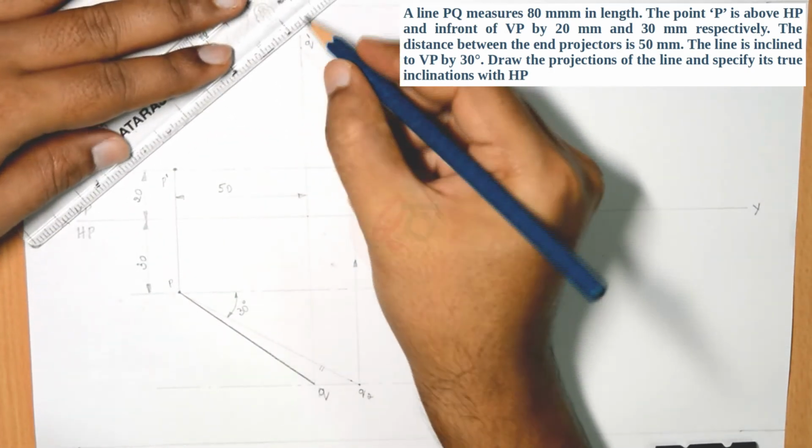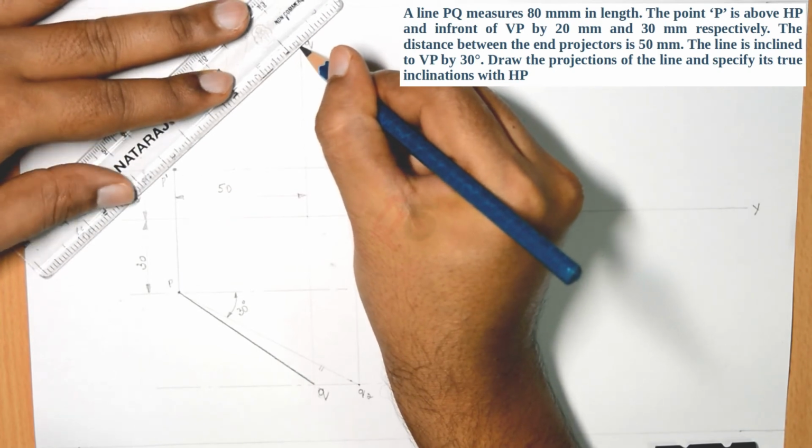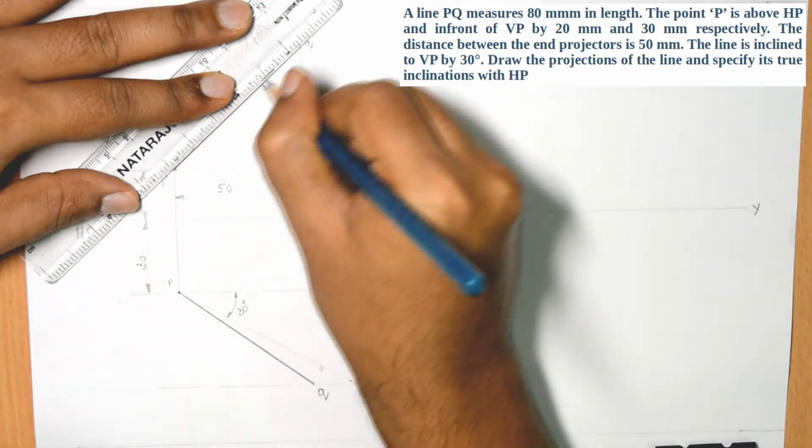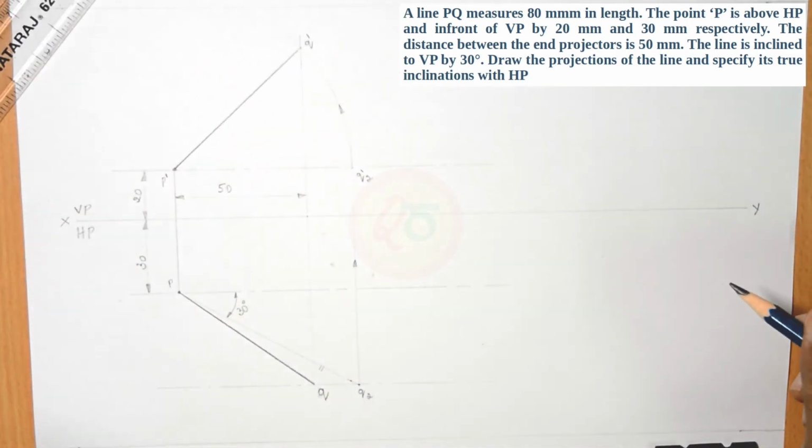Now connect P dash Q dash to obtain the projection of the line in the front view.